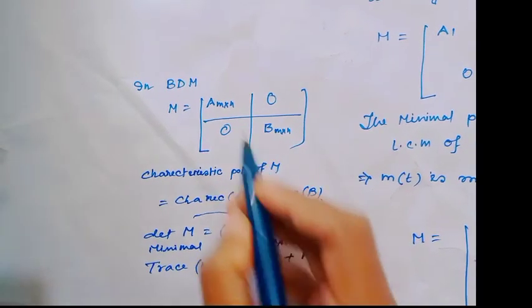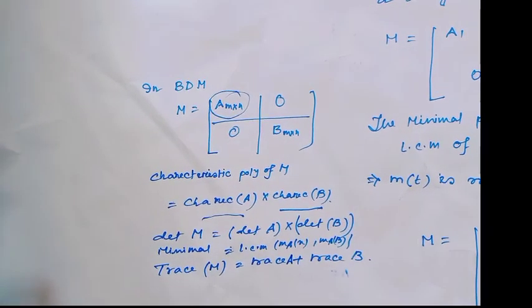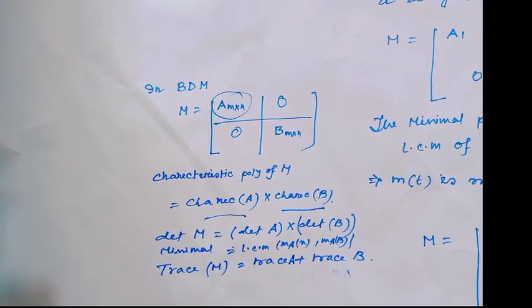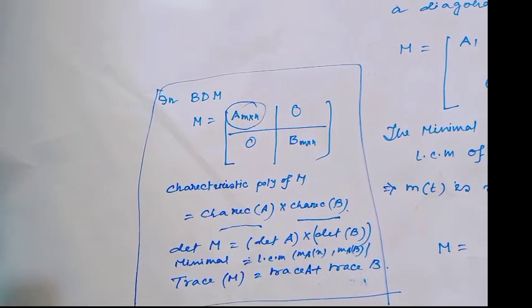The trace would be the trace of matrix A plus the trace of matrix B. Okay, and this type of property is very important.